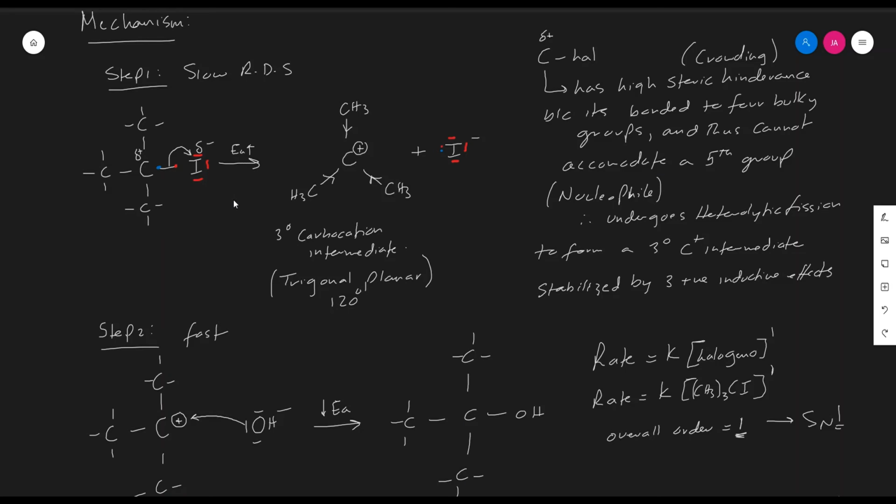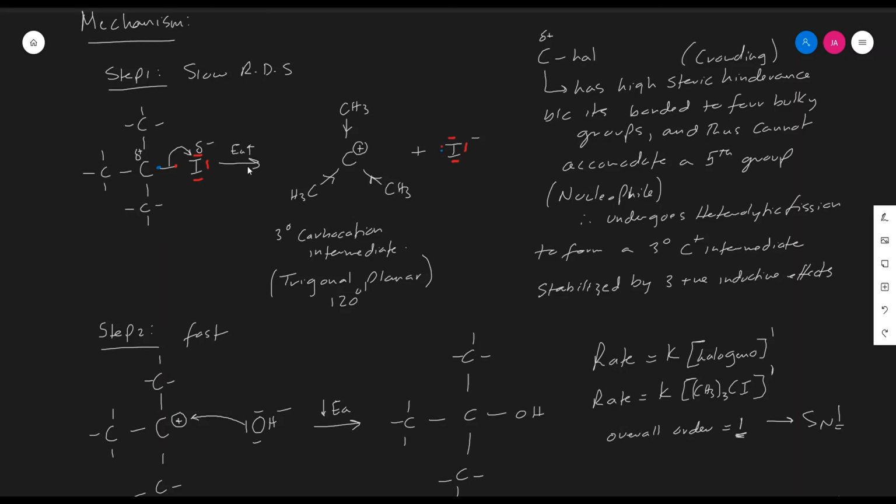If heterolytic fission were to occur, the carbocation intermediate that forms would be a primary carbocation intermediate stabilized by one positive inductive effect, which is fairly the lowest, the least stable carbocation, and has the highest activation energy. And thus, since it can accommodate a fifth group in that case, because it's not bonded to four bulky groups, the mechanism proceeds via a one-step mechanism with the formation of a transition state.